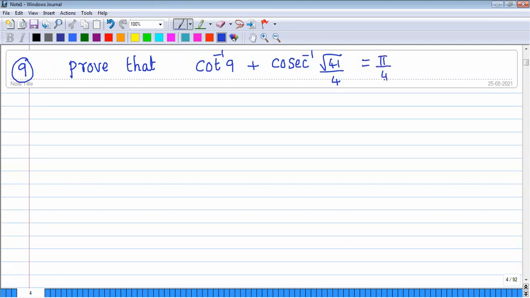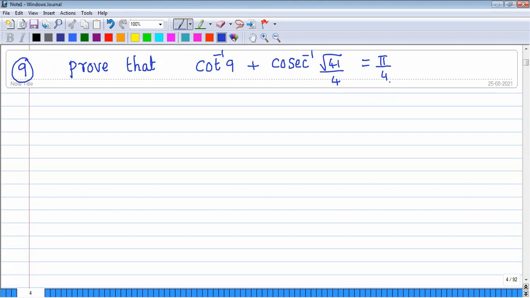Whenever you encounter these types of questions, I will give one suggestion. Suppose the first angle is alpha, the second angle is beta. Alpha plus beta is equal to 45 degrees. Whenever you are asked to prove alpha plus beta is equal to pi by 4, better you consider tan of alpha plus beta is equal to 1. Then alpha plus beta is equal to tan inverse 1, that is nothing but pi by 4 only.